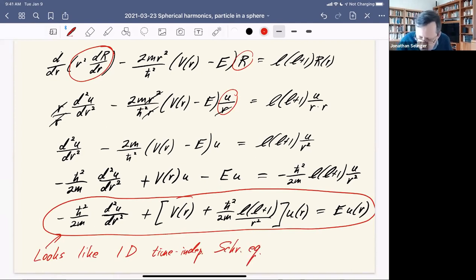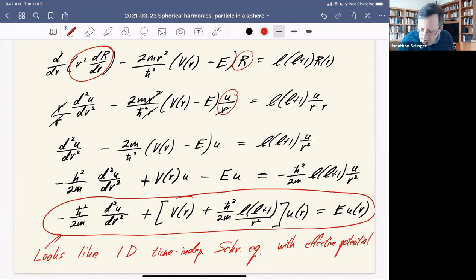That is, it has a regular second derivative term over there, and it has just the energy times function over there, and it has some function of r times the thing we're looking for right here. So it looks as if it's the regular one-dimensional equation that we're sort of used to with an effective potential.